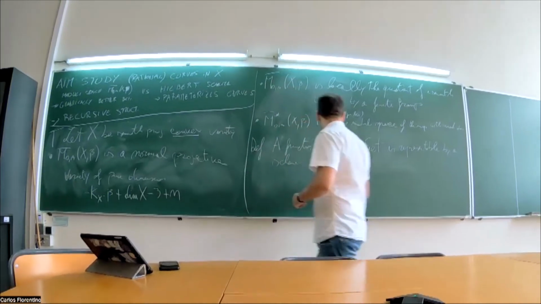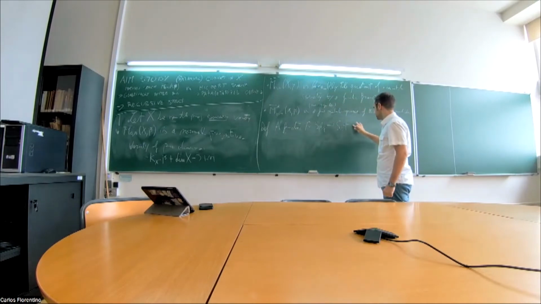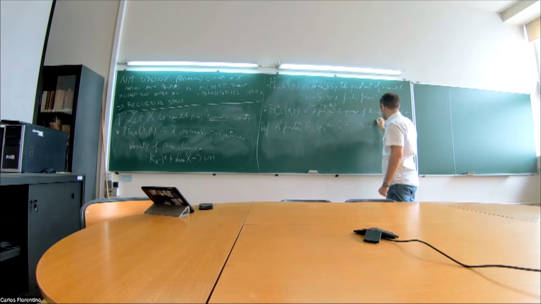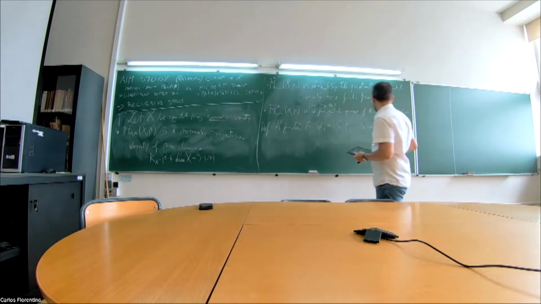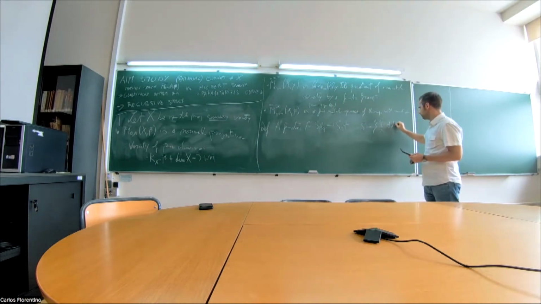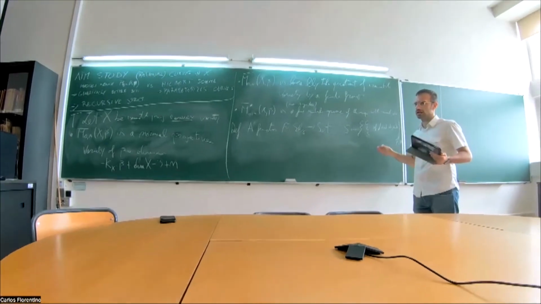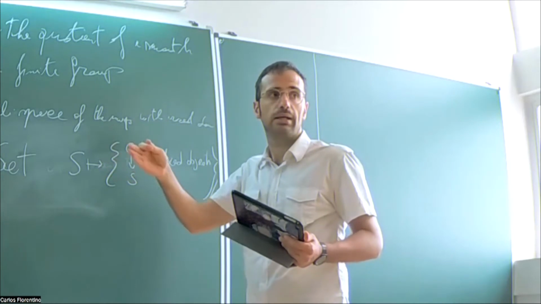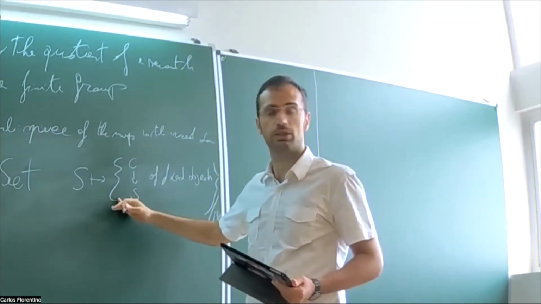Suppose you have a certain class of objects, which in our case are stable maps, and you define a functor that parameterizes these objects.